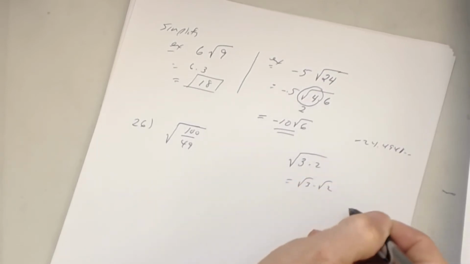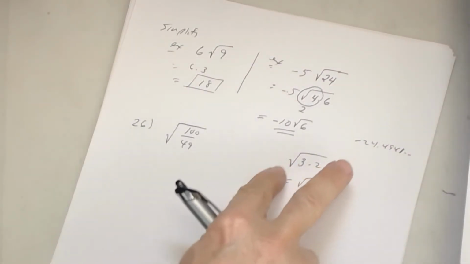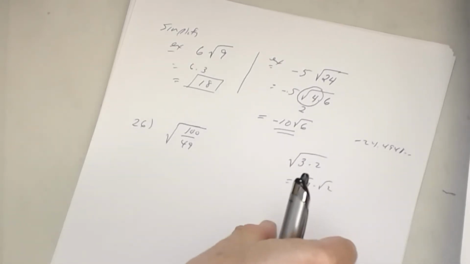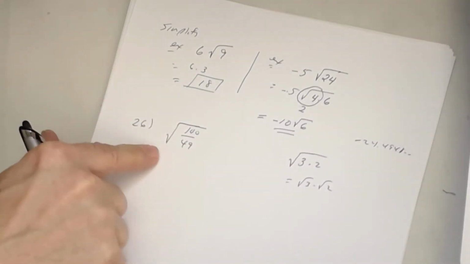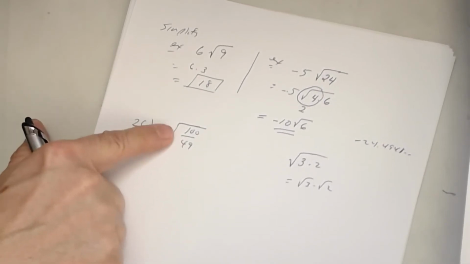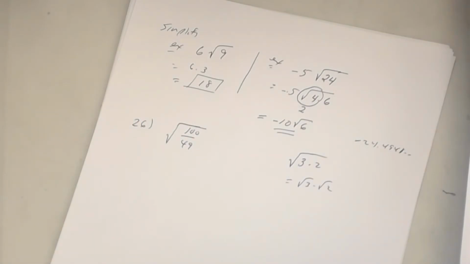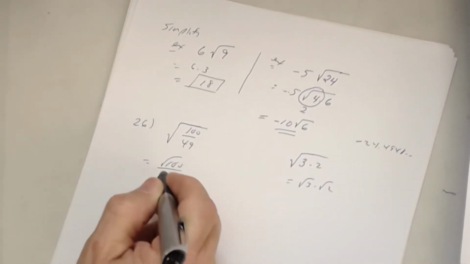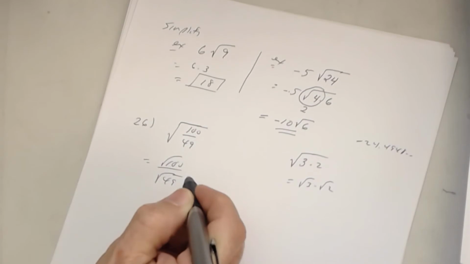Y'all agree? Remember, I can write the square root of a product as the product of the square roots. I can do the same thing here with the quotient. I'm dividing, division means quotient. So I can take the square root of this quotient by taking the square root of the numerator divided by what? The square root of the denominator. So this is really the square root of 100 divided by what? The square root of 49.